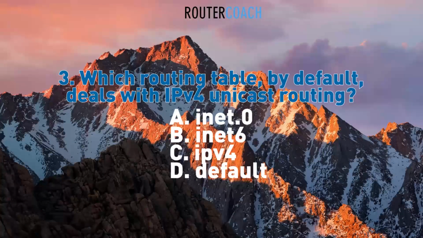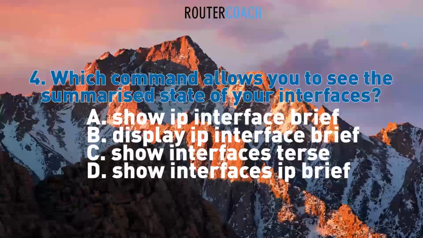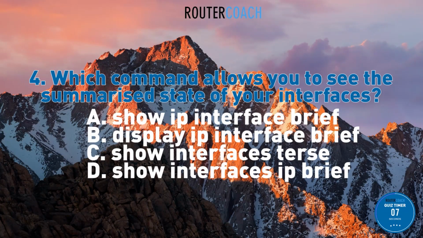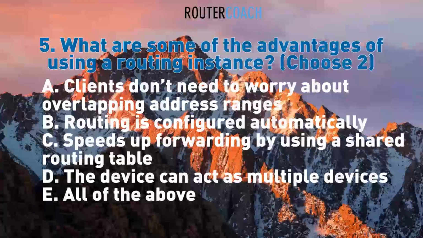Which routing table, by default, deals with the IP version 4 unicast routing? Question 4. Which command allows you to see the summarized state of your interfaces? Question 5. What are some of the advantages of using a routing instance? Choose 2.